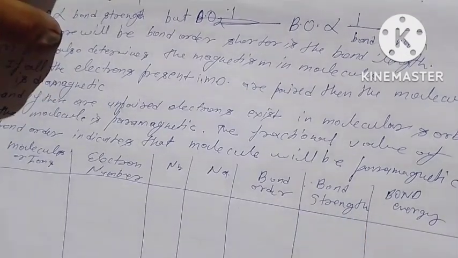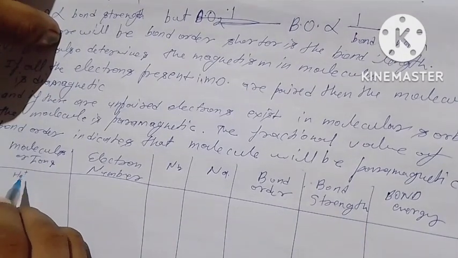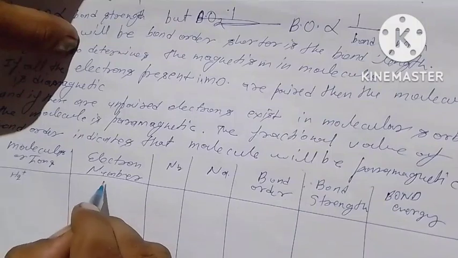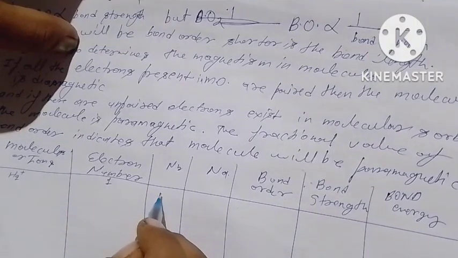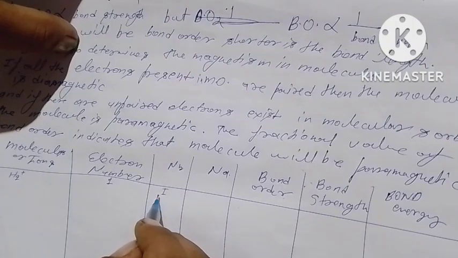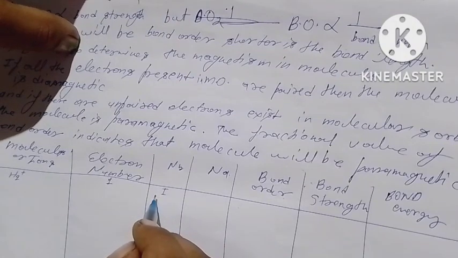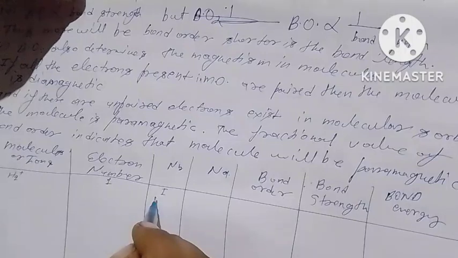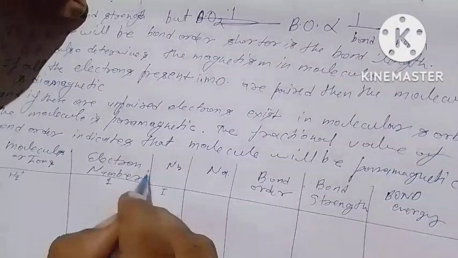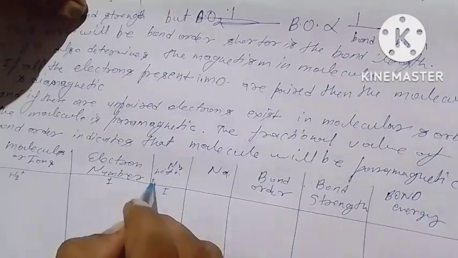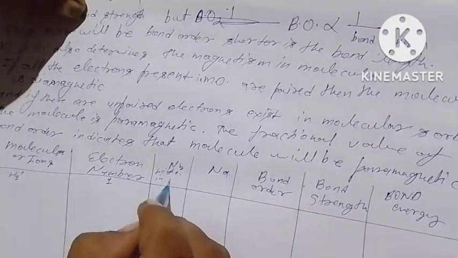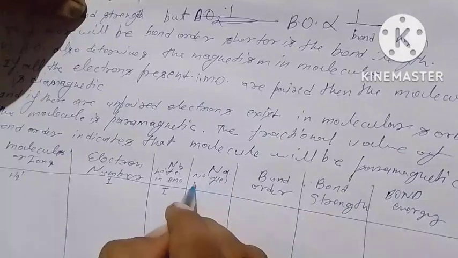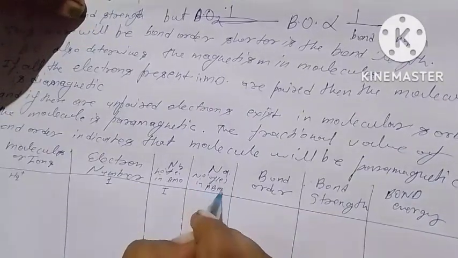H2 plus ion: number of electrons 1. Nb is the number of electrons in bonding molecular orbitals, and Na is the number of electrons in anti-bonding molecular orbitals.